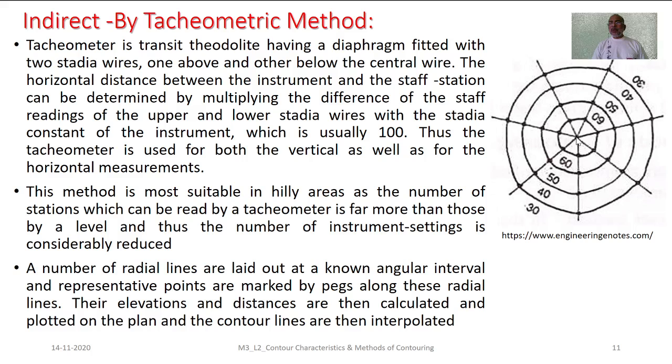With respect to that particular station, if this is 0 degree, we can have C0, 0.1, 0.2, 0.3, 0.4. One can follow some convenient marking of those stations, and accordingly determine the reduced level.